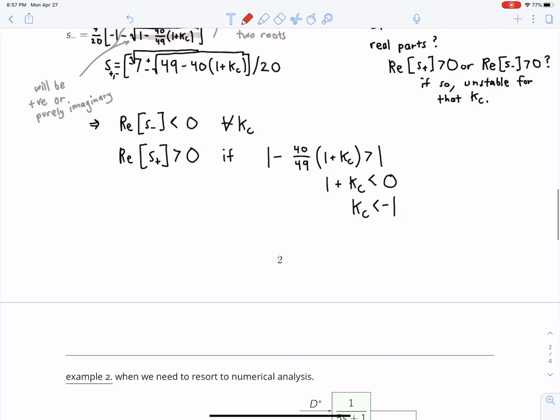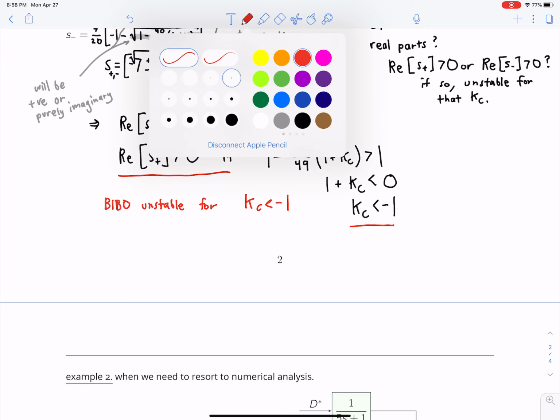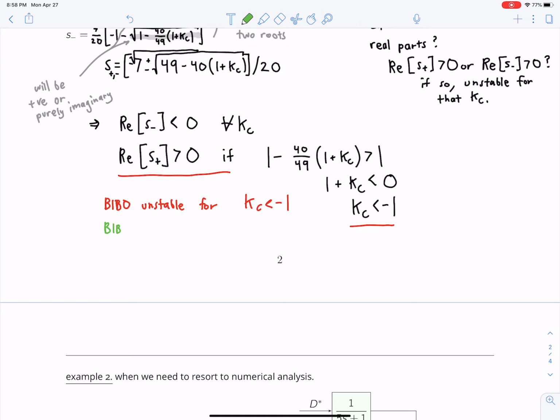So what this tells us is that the system is not stable if Kc is less than minus 1. Unstable for Kc less than minus 1. And it's BIBO stable, so that's good news, for Kc greater than minus 1.